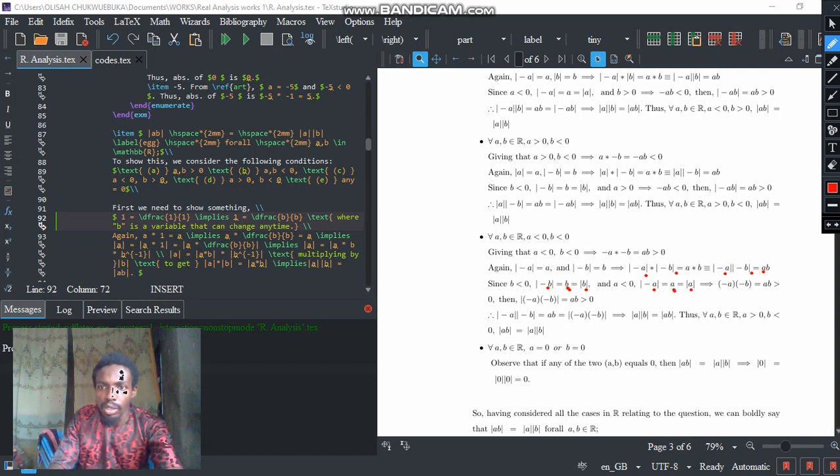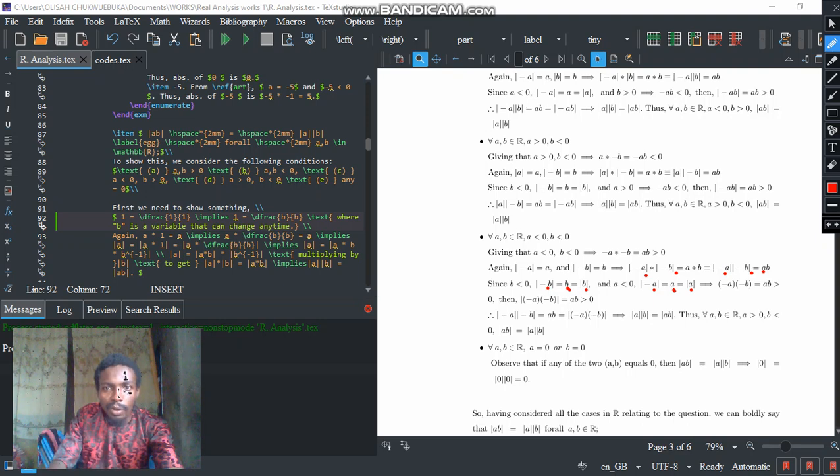A. So we can just say that absolute value of negative A is equals to A, which equals absolute value of A. So now it implies that when negative A multiplied by negative B is going to give us what? A positive AB, which is greater than 0.